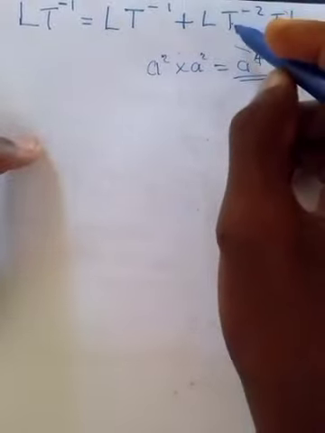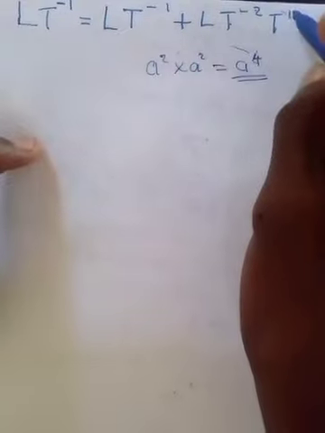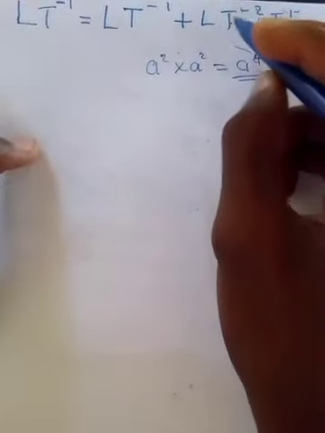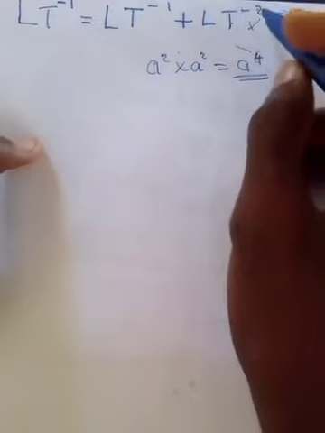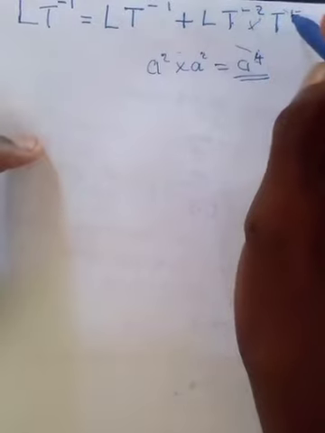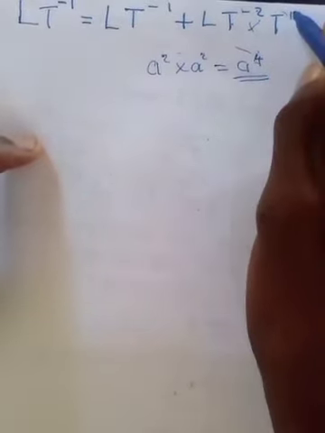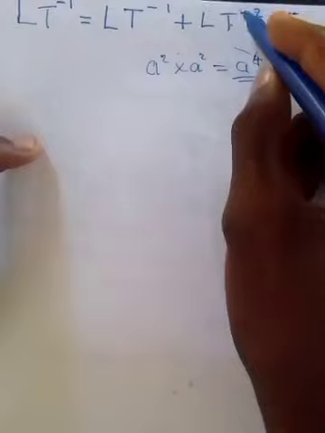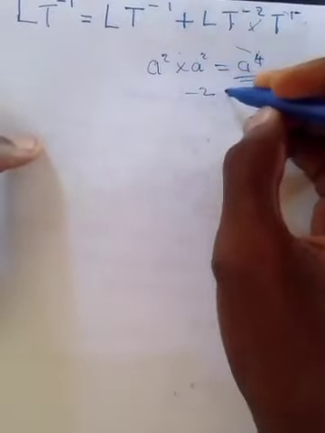So you are going to say that negative 2 plus 1, these are like multiplying. So here you are going to get a t. This is positive 1, this is negative 2. So we are going to say negative 2 plus 1. It will give you negative 1, right?